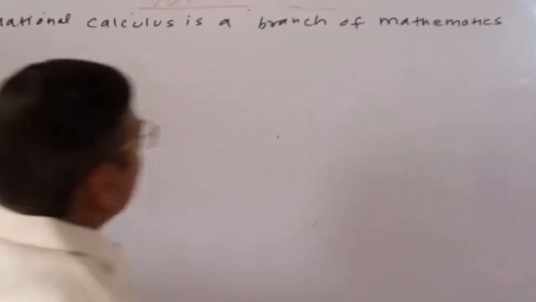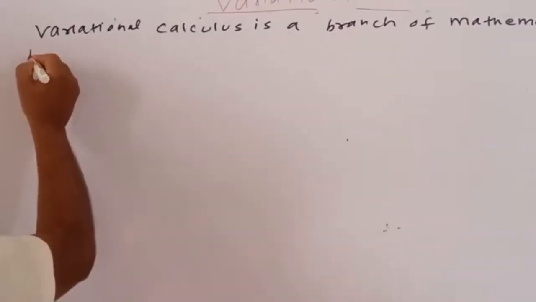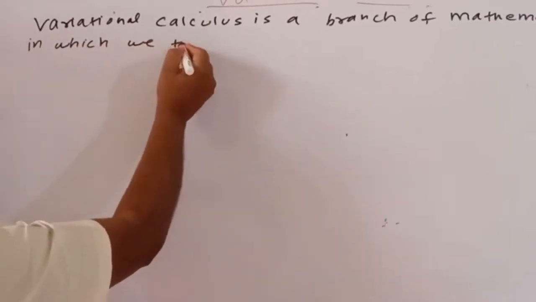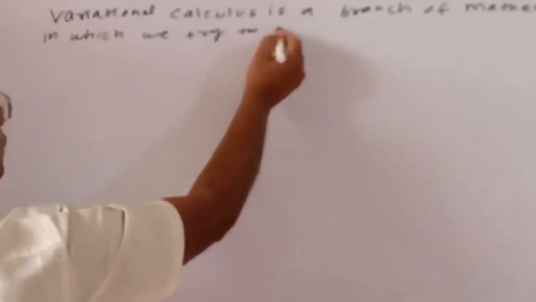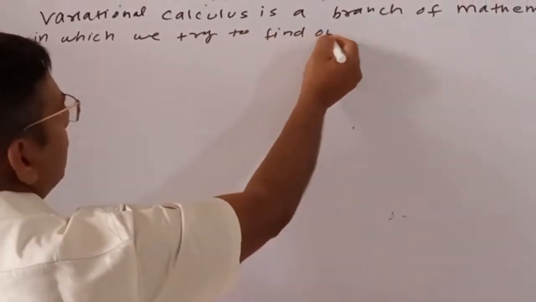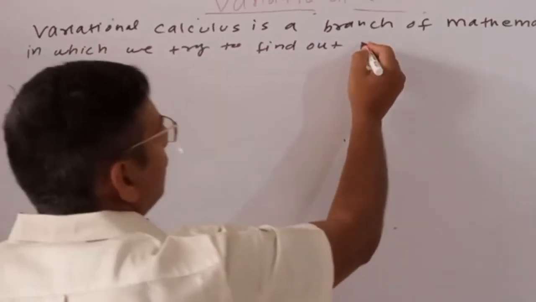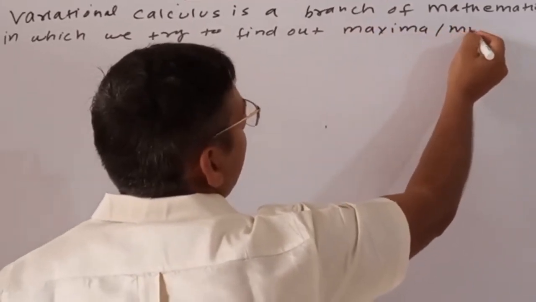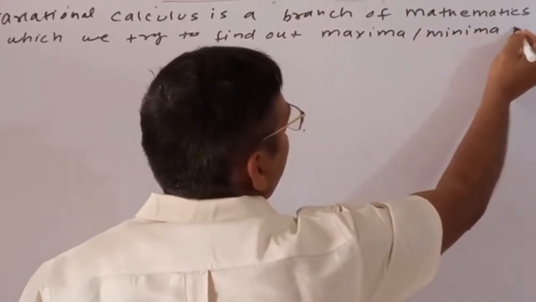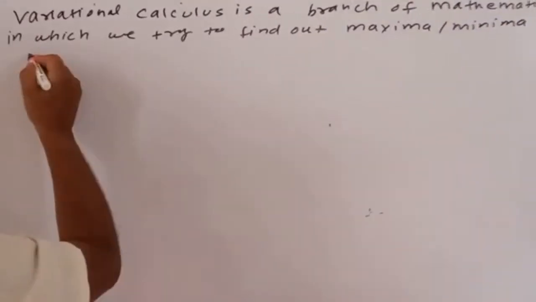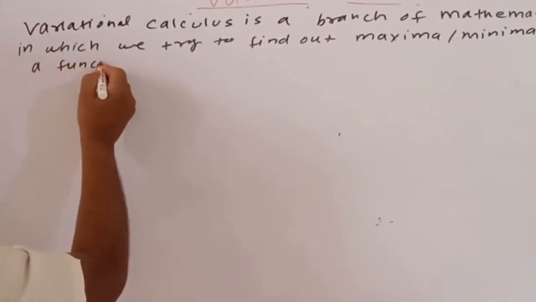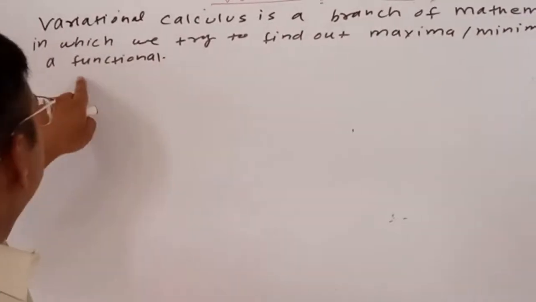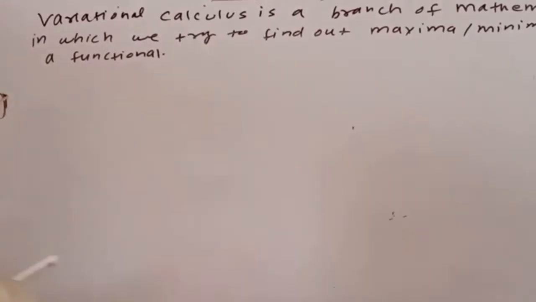It's a branch of mathematics in which we try to find out the maxima and minima of a functional, right? So what is a functional? It's a new term here, a new terminology.